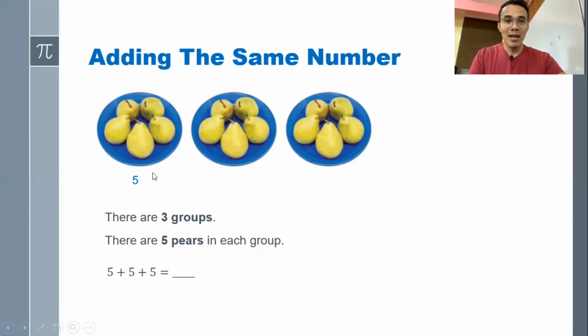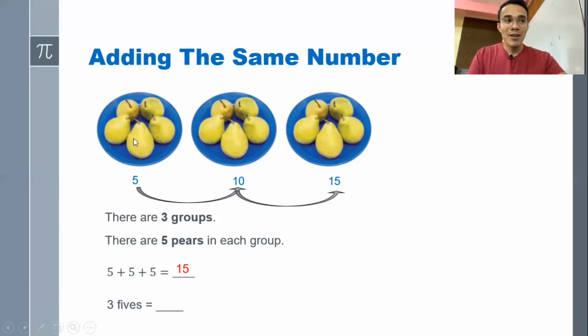So from 5, we are going to skip count by 5. 5, 10, 15. Did you get that? 5, 10, 15. Therefore, 5 plus 5 plus 5 is 15. And that is the same as 3 5s. Why is it called 3 5s?